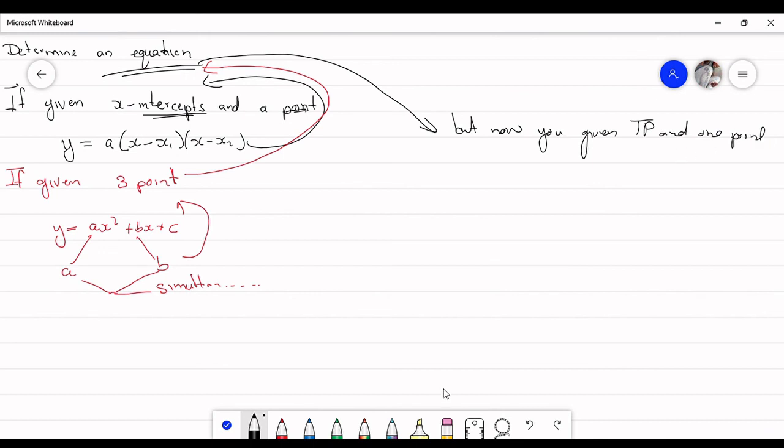So what you need to do, you need to use this formula: y is equal to a open bracket x plus p close bracket squared plus q. So we know that if you are having this formula, our turning point coordinates will be negative p, q. So what I'm trying to tell you is that if you are having your general formula in this form, then your p and your q give your turning point.